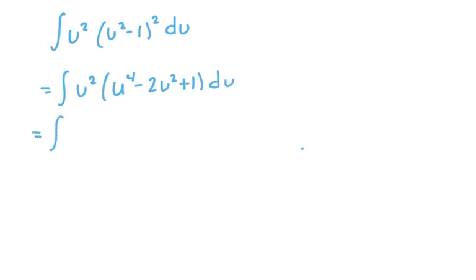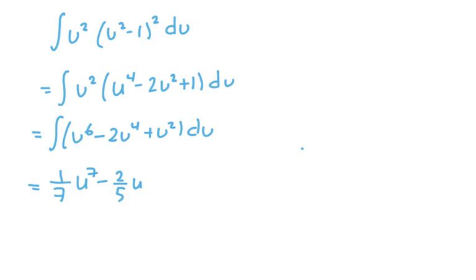Distributing the u squared inside, we get the integral of u to the 6th minus 2u to the 4th plus u squared du. So we get 1/7 u to the 7th minus 2/5 u to the 5th plus 1/3 u to the 3rd plus some constant c.